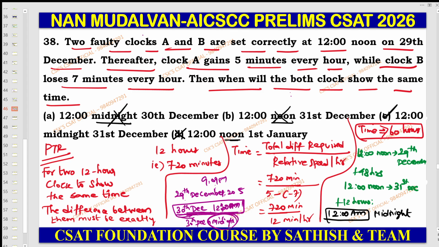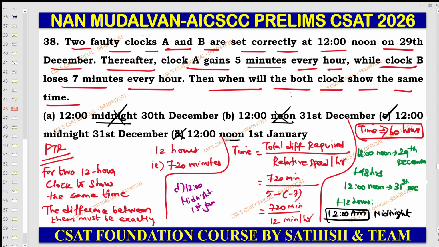Instead of noon, if I'm giving you 12 midnight 1st January, then which one will you pick here? Suppose, listen, D option I'm changing as 12 midnight of 1st Jan. So now, will you pick C or D?